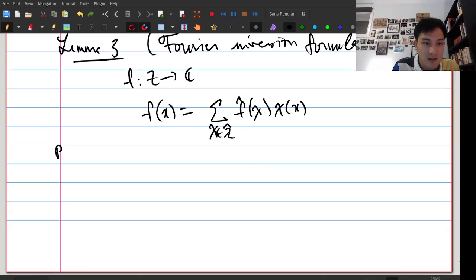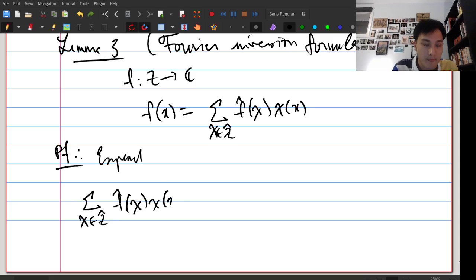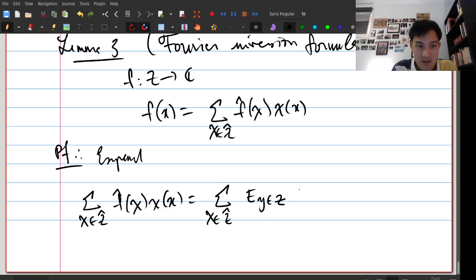And again, for the proof, we expand the definition of the Fourier transform for all the hats. That's the expectation over y in Z of f of y times chi of y bar, and there's a remaining chi.